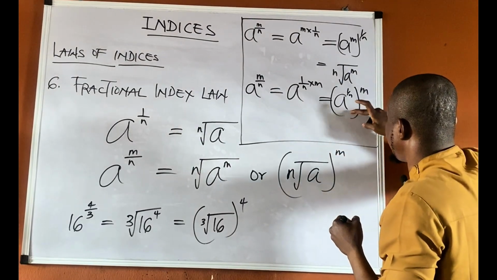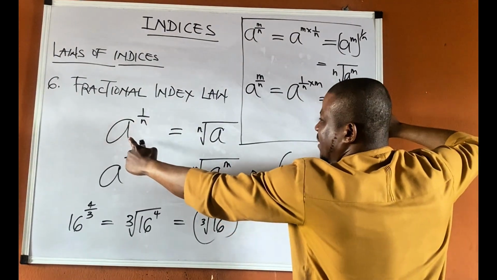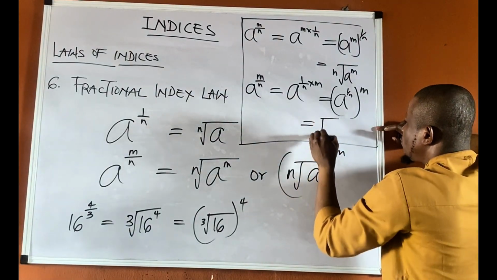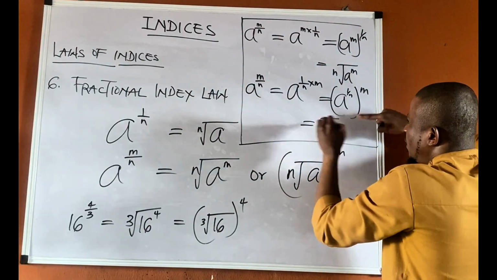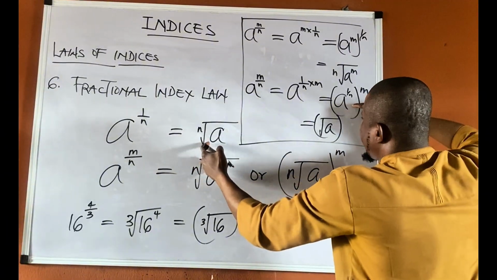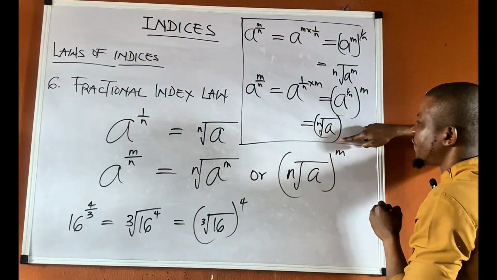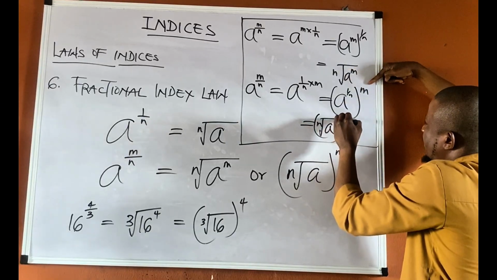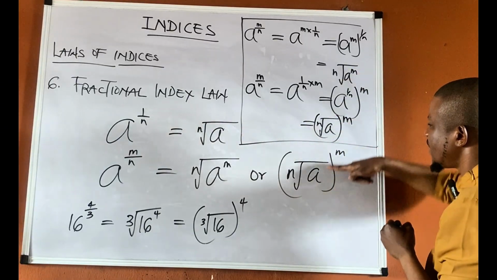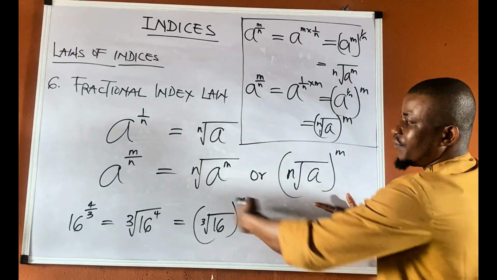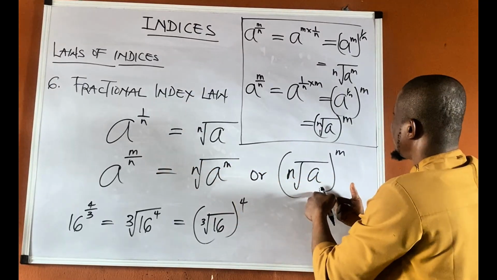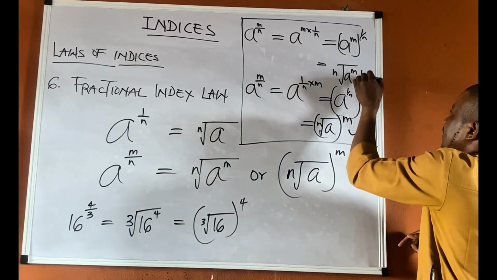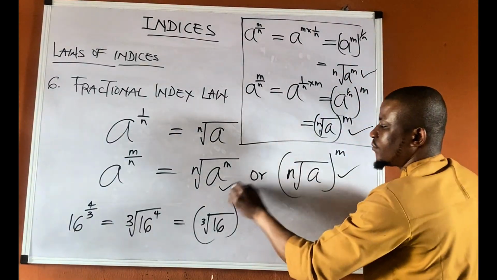From this point, we are directly seeing a to power 1 over n, which is the nth root of a, but it is raised to power m. So we can see this other side of the fractional index law, the nth root of a all to the power of m. So this and this are all correct.